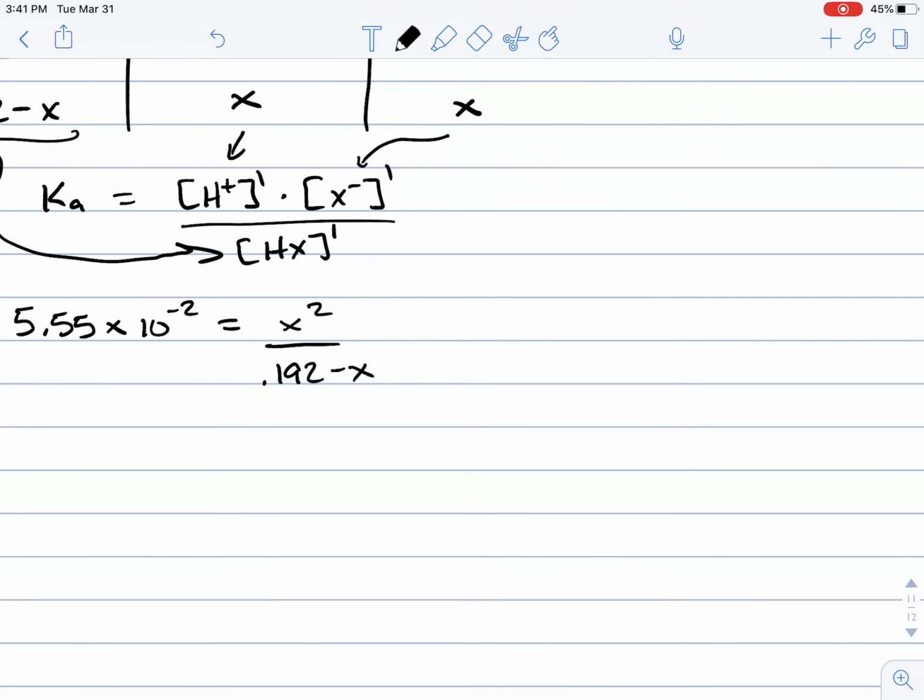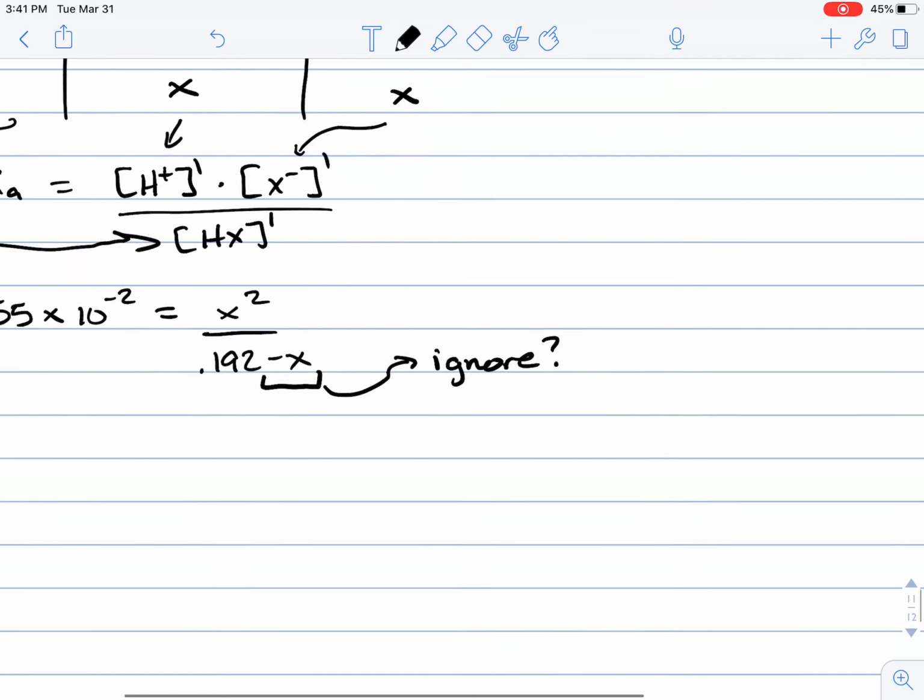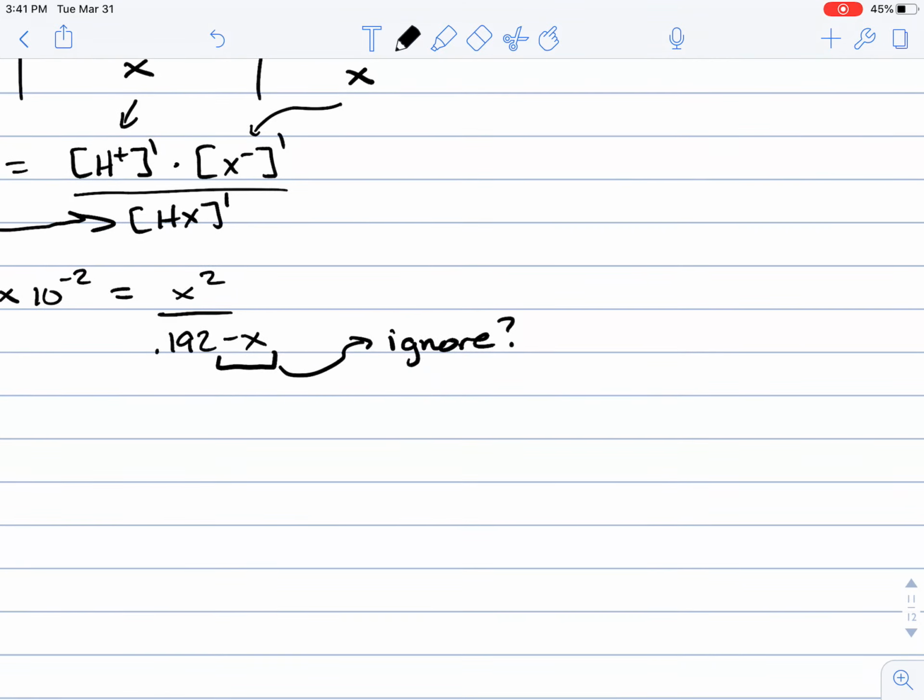All right, and so very similar to the previous problems, we want to determine if we can ignore the x in the denominator. Is this change going to be significant? If it is going to be significant, then we cannot ignore it. If the change is going to be insignificant, if it's a small enough value where it's not going to change the initial concentration too much, then we can ignore it.